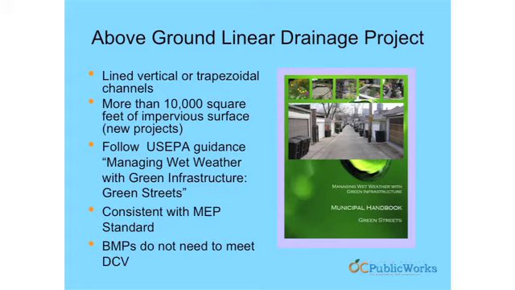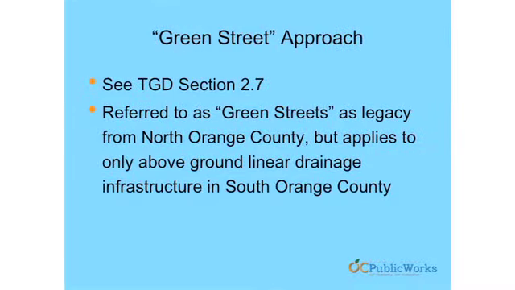It is really guided by the MEP standard to do what you can, maybe provide some offsets by addressing adjacent area near the channel, but the BMPs don't need to meet the DCV standard, and alternative compliance doesn't apply if they can't meet it. We provide more guidance on the Green Street approach in Section 2.7 of the TGD.